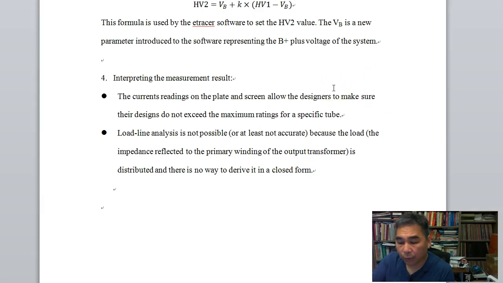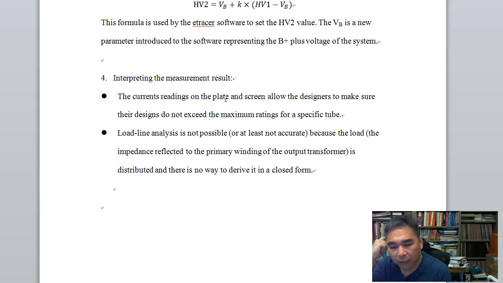Once we get this graph, how do we interpret the measurement result? Because we can get the current reading on the plate and the screen, we can learn the power dissipation on those two electrodes, and make sure the power dissipation, especially on the screen electrode, doesn't exceed the design maximum in the tube data sheet.